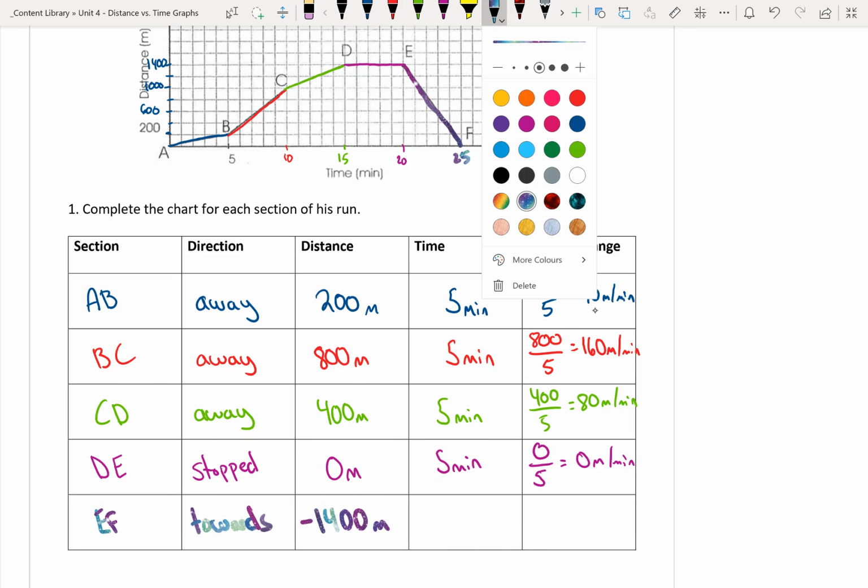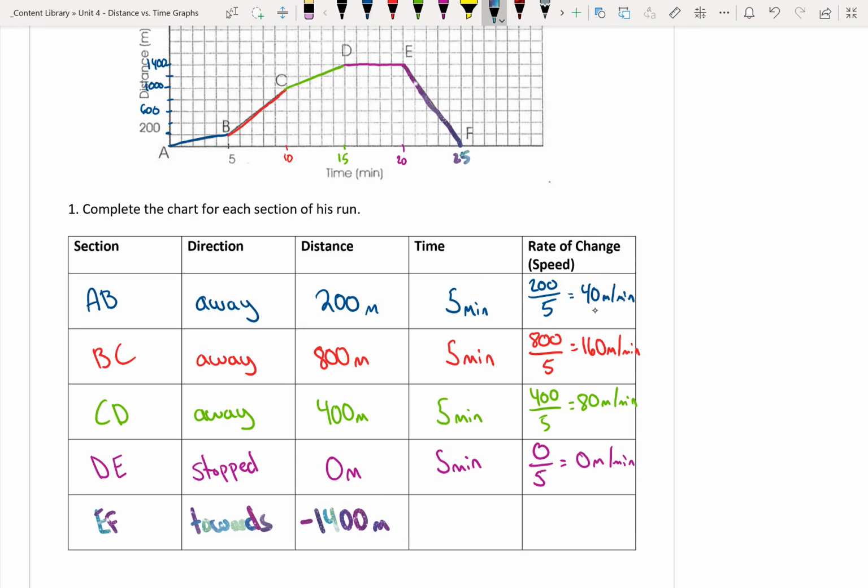So that means it is a time of 5 minutes. So our rate of change now, negative 1,400 divided by 5 works out to negative 280 meters per minute. So that is finding the time, distance, direction, and speed for each section of Chris's run.